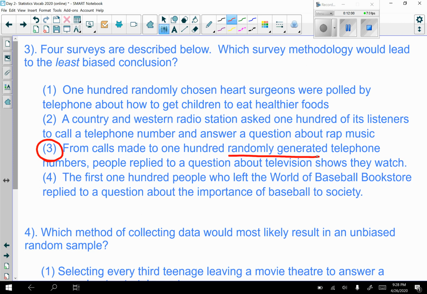And what I mean by that is if we look at number 4, it says that I'm surveying people who leave the World of Baseball bookstore about baseball. Okay, so that's a conflict of interest there. They're going to be more favorable or less favorable based on where you're surveying them from. Similar to answer choice 2, you're asking country and Western radio station listeners about rap music. So if they're listening to country or Western radio, chances are they don't like rap music.